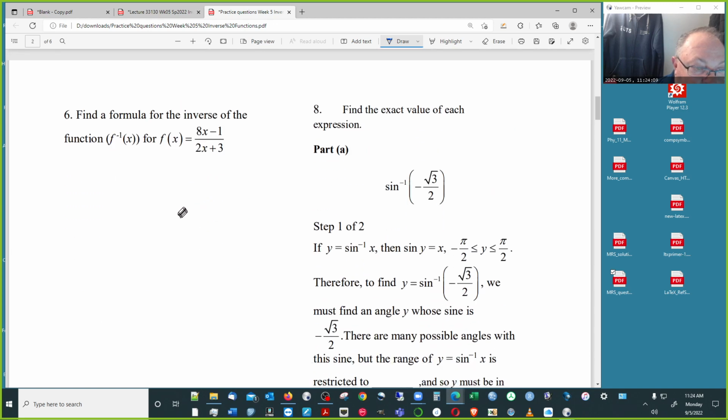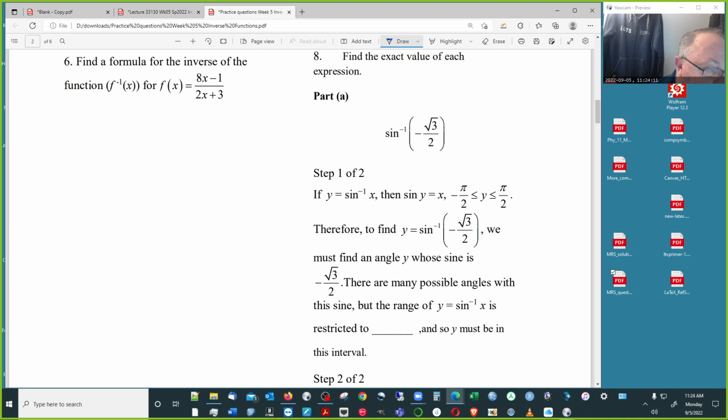Alright, find the formula for the inverse of this one. Alright, so if we did do the x's and y's, so if that's y, then we could write x equals minus 1, 2y plus 3. And what are we solving for? Y. We'll skip the step there because I've multiplied it by the denominator.